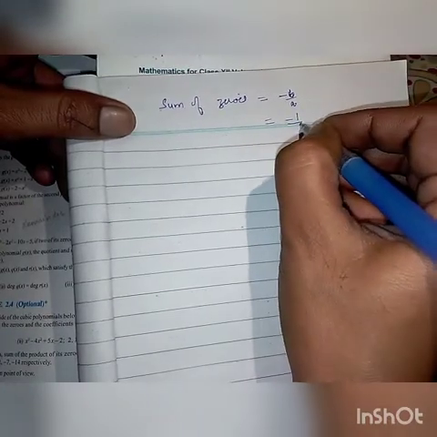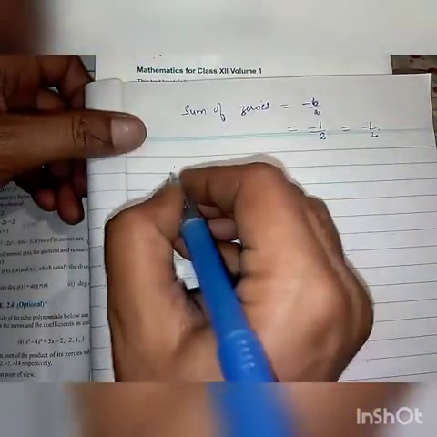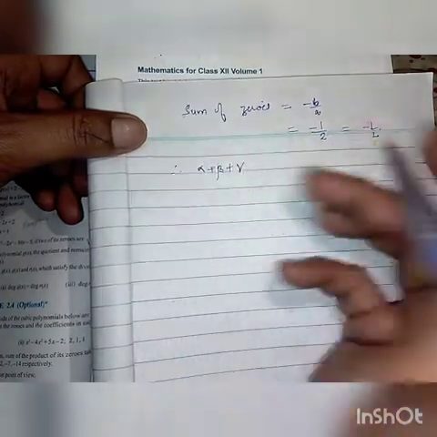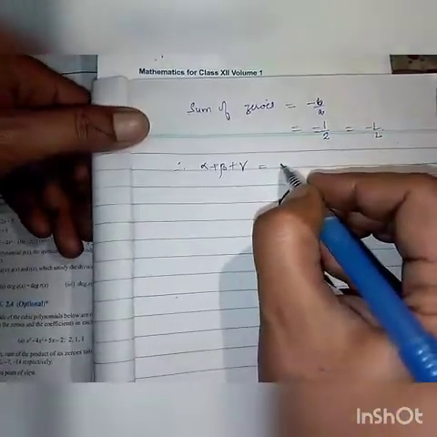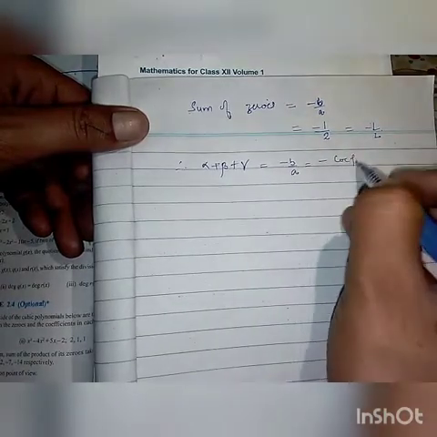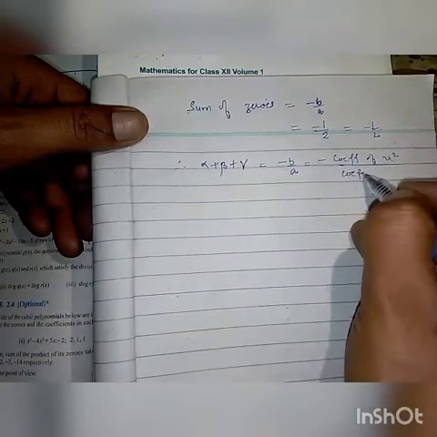So you are getting minus 1 by 2. You can look here also, we are getting minus 1 by 2. Therefore alpha plus beta plus gamma, that is the sum of the three zeros, is always equal to minus b upon a, or you can say it is equal to minus the coefficient of x square upon the coefficient of x cube. Change the language according to the condition.